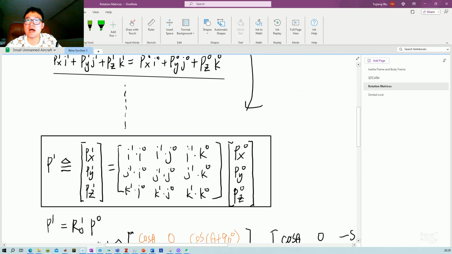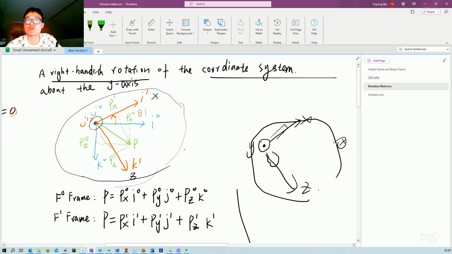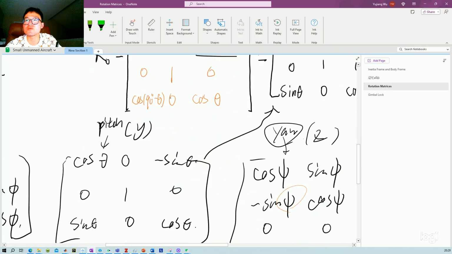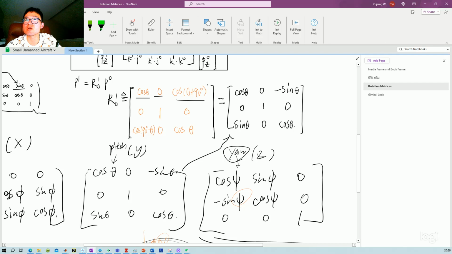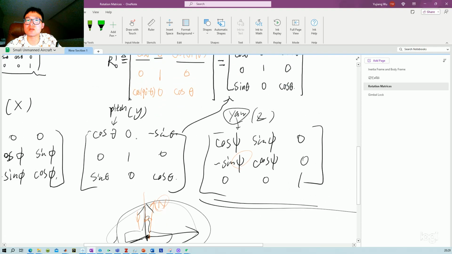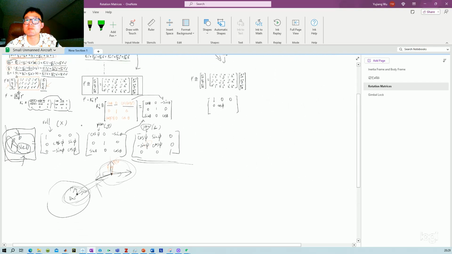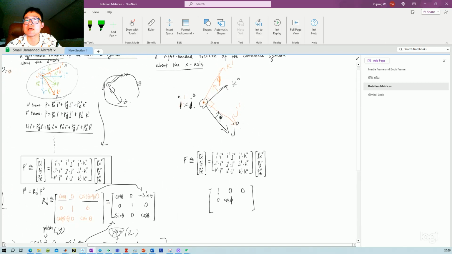And then I1 dot product K0: you have 90 degrees plus theta, so it's cosine of 90 degrees plus theta, which using trigonometric properties gives the negative sine theta. That's how you get this rotation matrix.